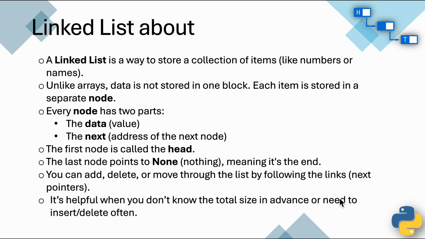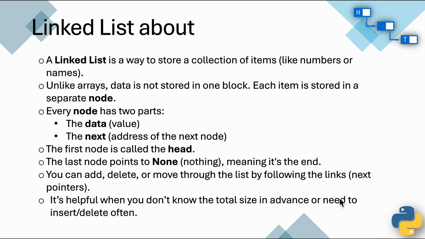That's how the regular lists will be in most of the programming languages, or many programming languages call them arrays. And in a linked list, data is not stored in one specific block. Linked list will not have entire data in one specific block.